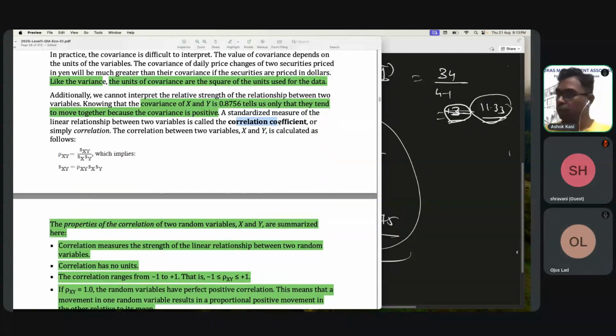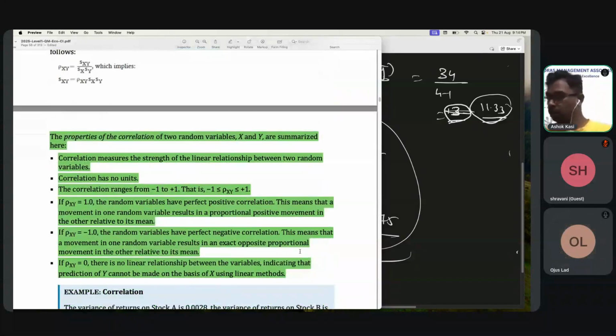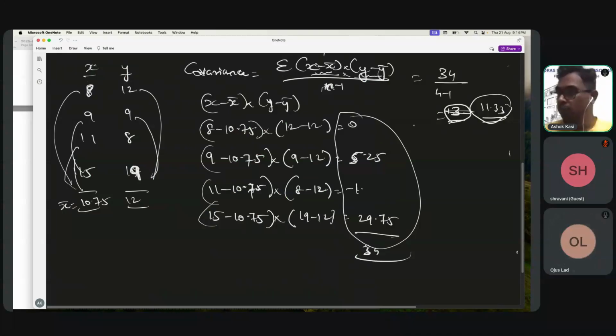And then correlation is the standardized measure of the linear relationship. It measures the strength of the linear relationship, as in what is the chance that if you are going for a movie, you will also have popcorn.